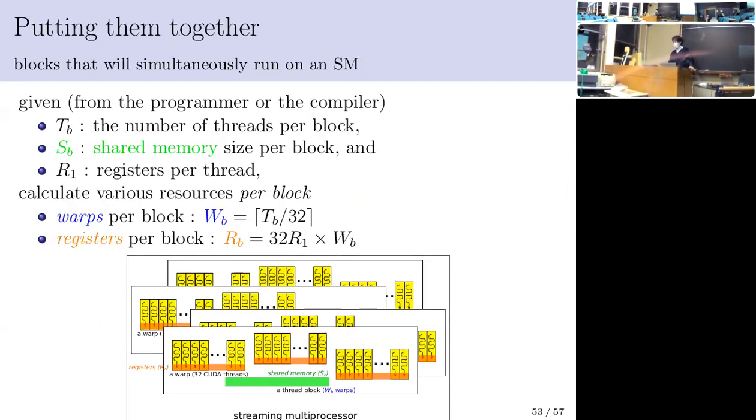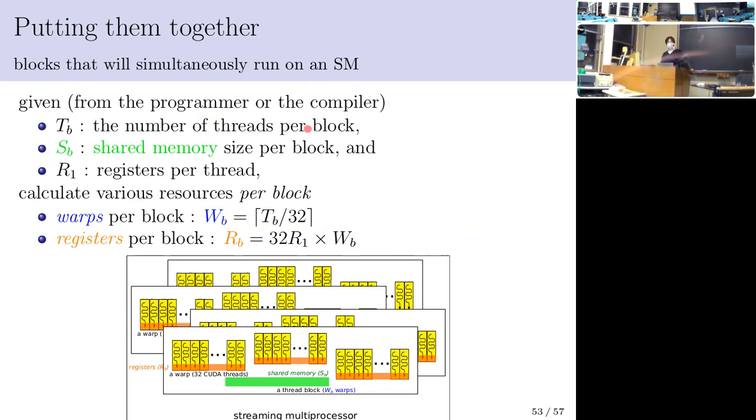So all in all, this is how the GPU determines the number of thread blocks that will simultaneously run on a single streaming multiprocessor. From the perspective of the GPU, you are given the number of threads per block.